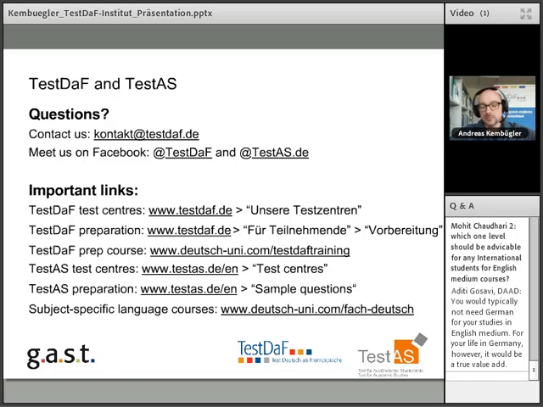It could be taken as a 4-week fast lane course, or it can be taken as a 3-month course. It's guided by a tutor, and that's the reason why you have to pay 295 euros for that course.